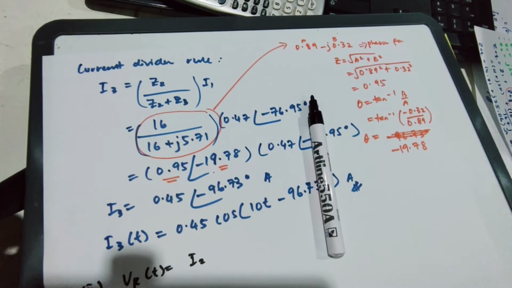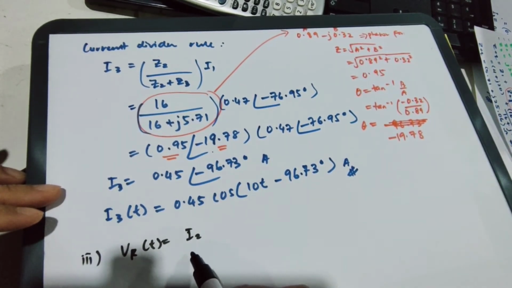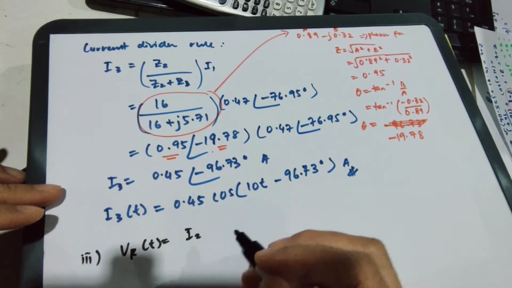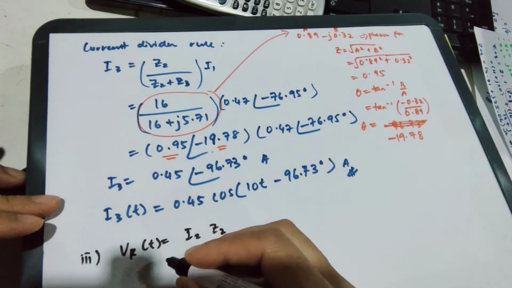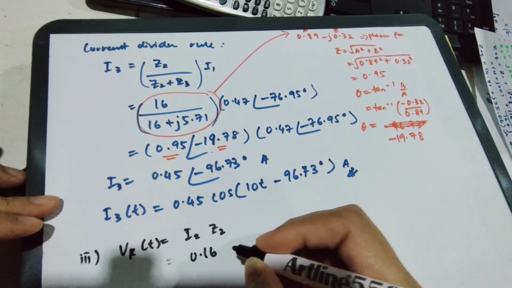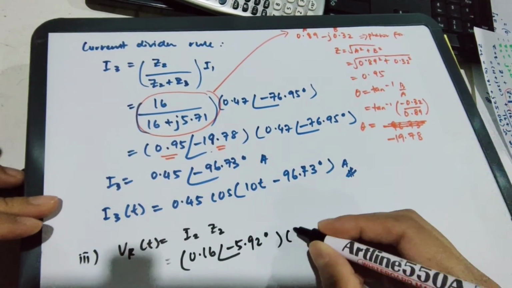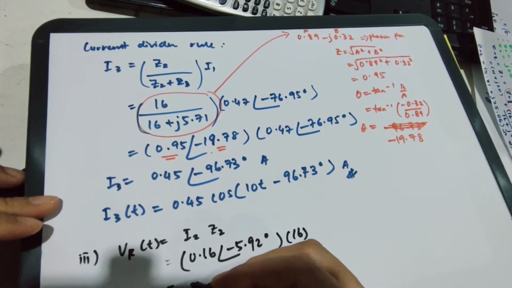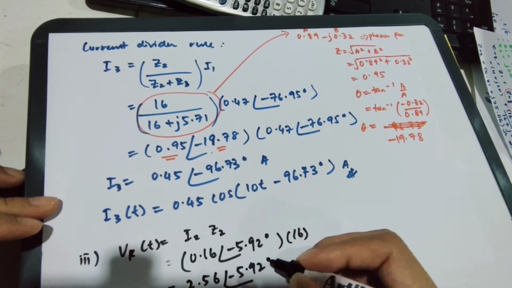So VRT sama dengan I2 Z2. Here we will get I2 is 0.16 tadi, 5.92 times 16, and you get the answer 2.56, negative 5.92.